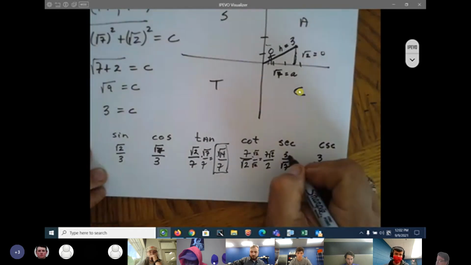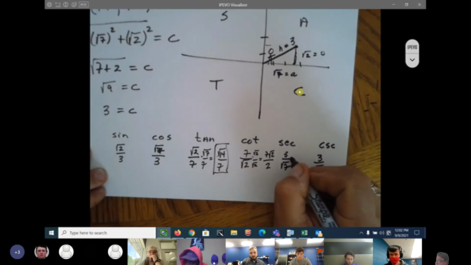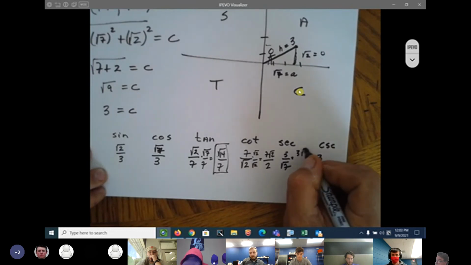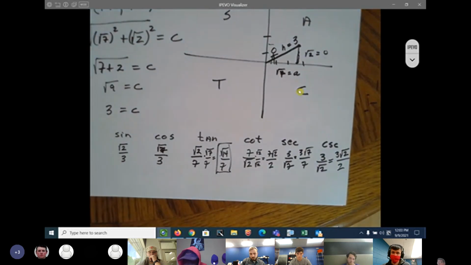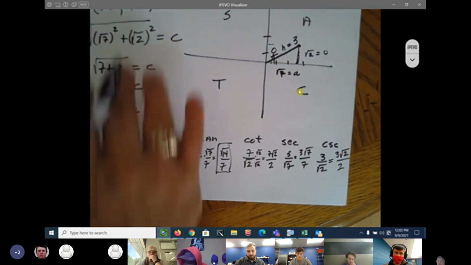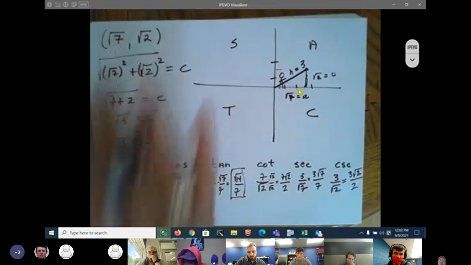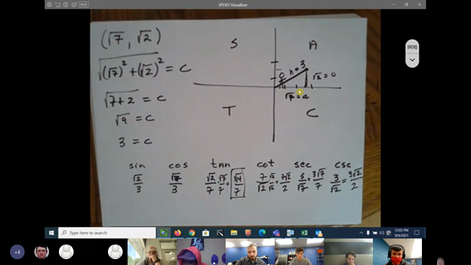Which will be 3 square root of 7 over 7. And this will be 3 square root of 2 over 2. Which brings us back to this, and that's how you do the sine through the cosecant.